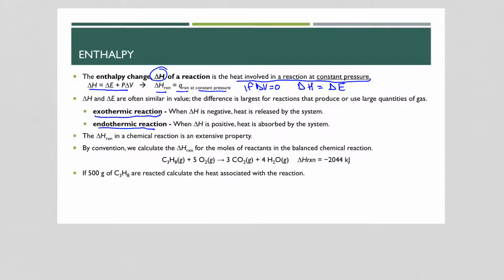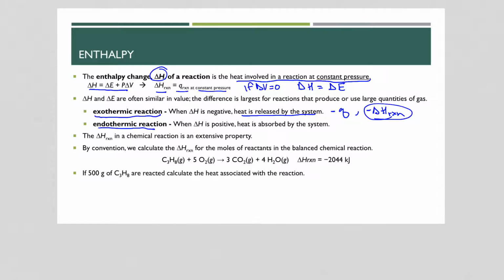You've probably heard of exothermic reactions as reactions where heat is released, right? So these are reactions that have a negative value of Q. The system is releasing heat. That means, since enthalpy is equal to Q, that these will also have negative delta H's of the system or the reaction.